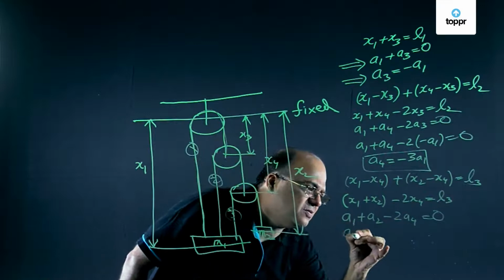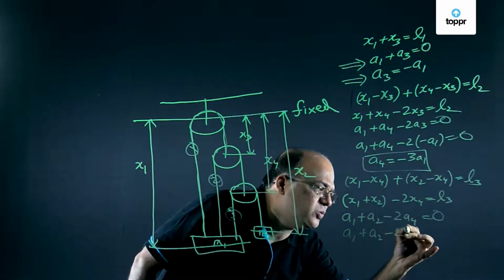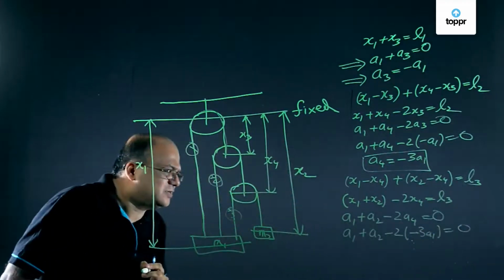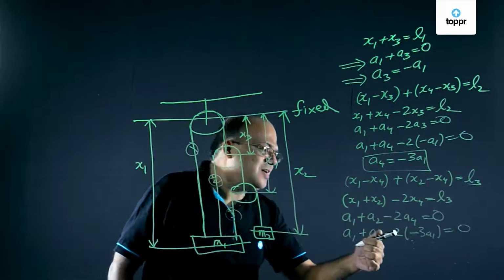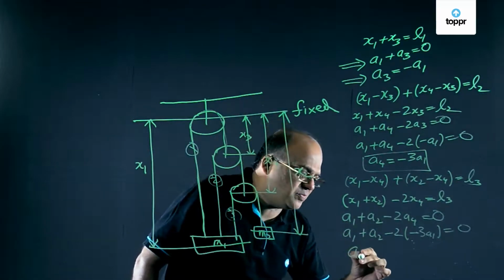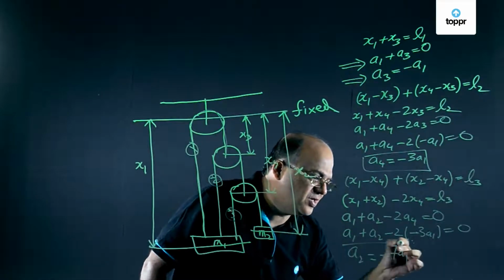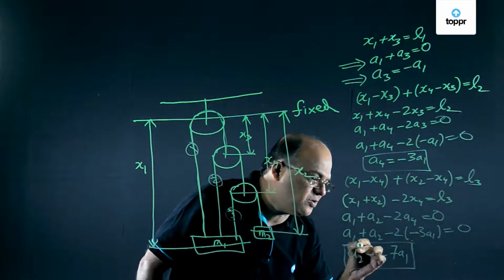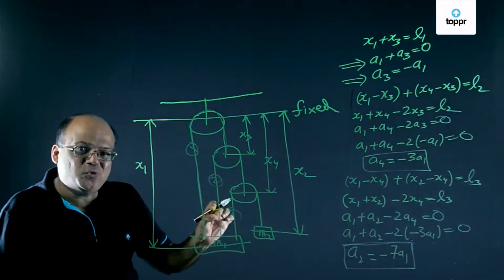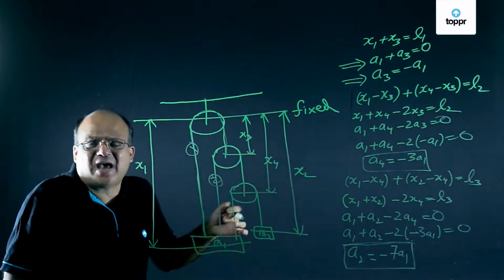So A1 plus A2 minus 2 times minus 3A1 equal to 0. So what do you get? Here you get 6A1 plus 1A1 here. So A2 becomes minus 7A1. So we have found the relationship between acceleration of M1 and acceleration of M2.